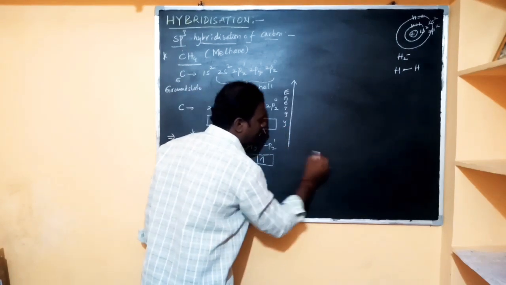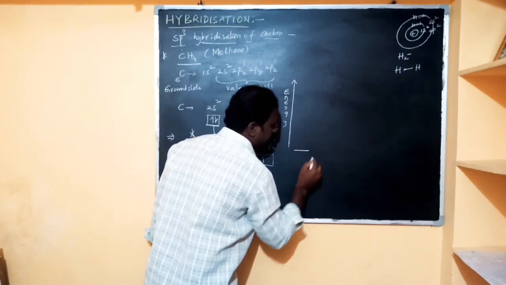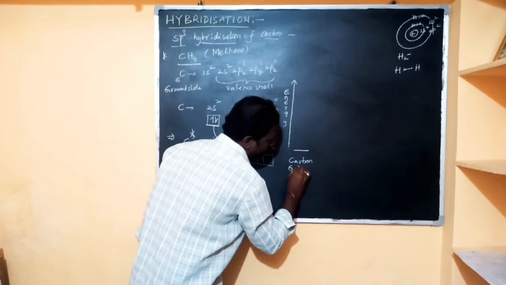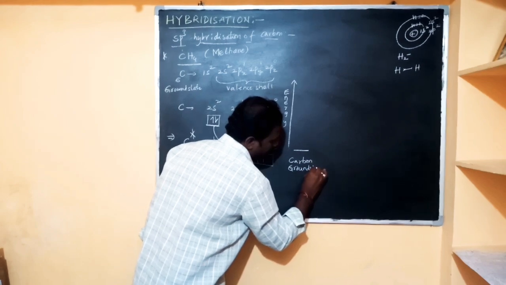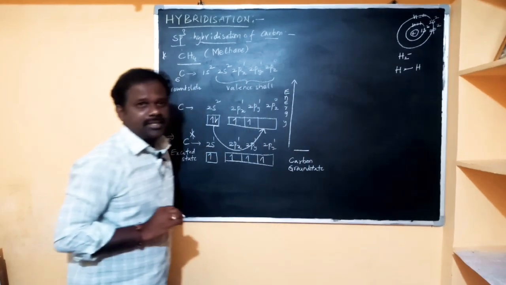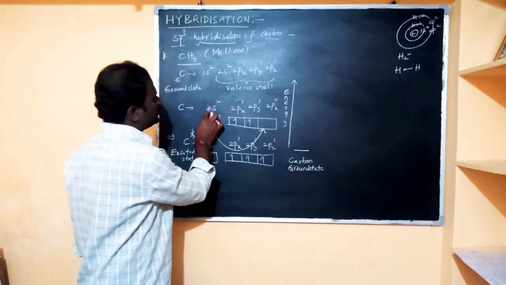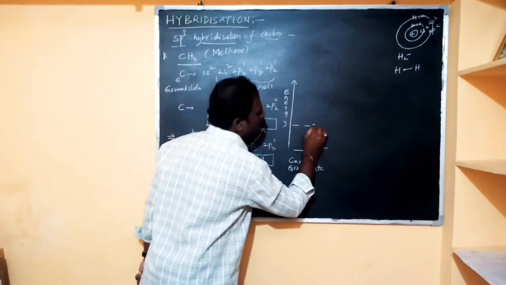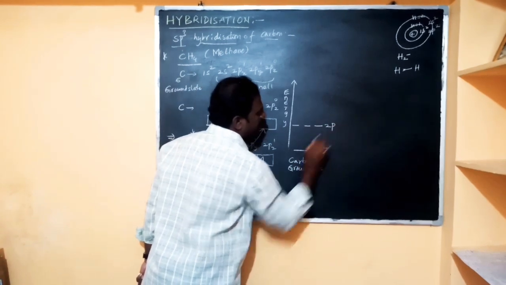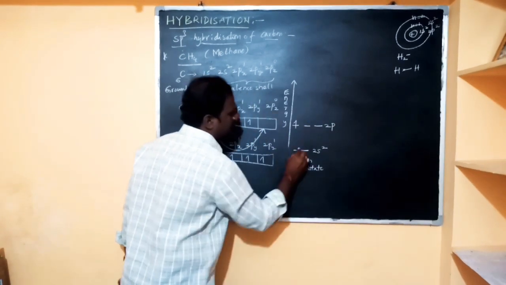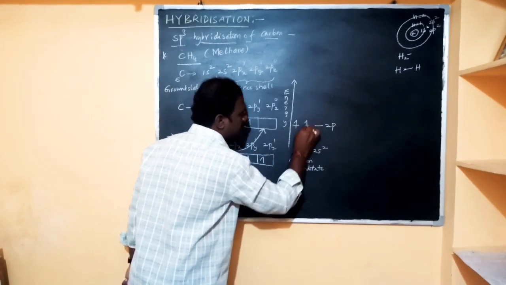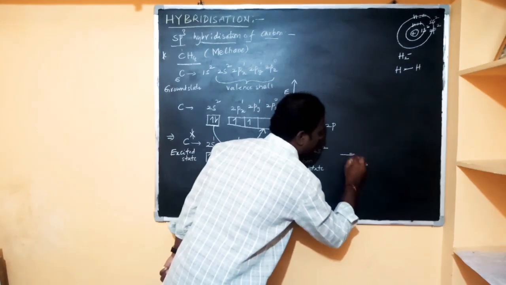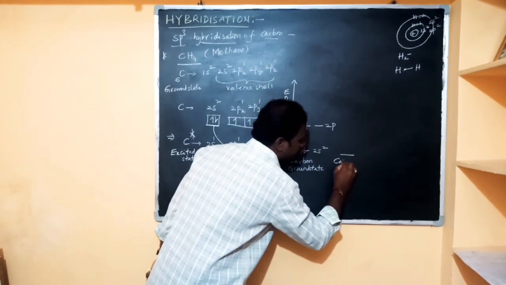Carbon at ground state, what is the electron configuration? 2s2, 2p2 in the 2p orbitals. And carbon in the excited state.